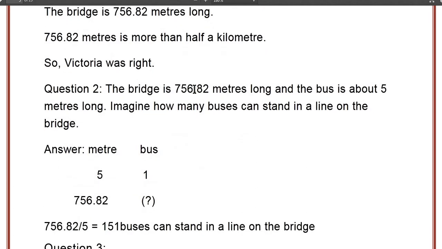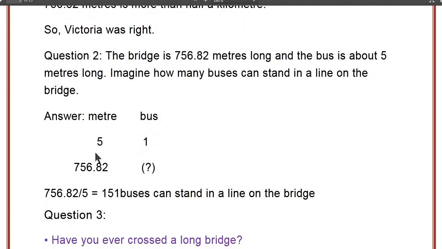Question number 2. The bridge is 756.82 meters long and the bus is about 5 meters long. Imagine how many buses can stand in a line on the bridge. Answer. 5 meters is equal to 1 bus. Then 756.82 is equal to how much? 756.82 divided by 5. 151 buses can stand in a line on the bridge.